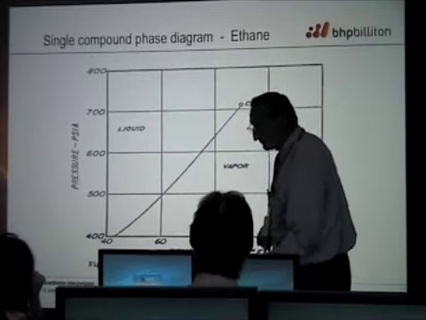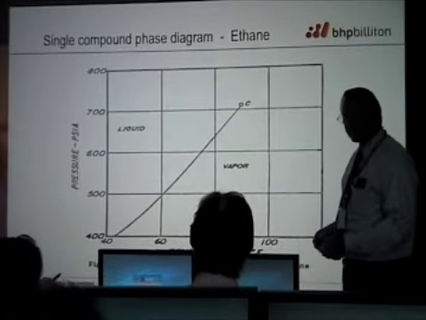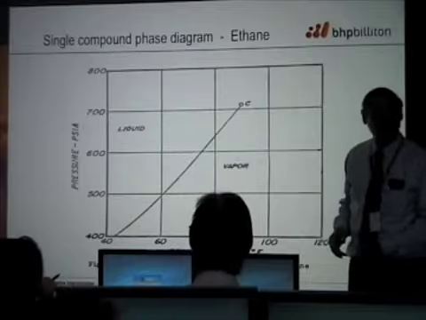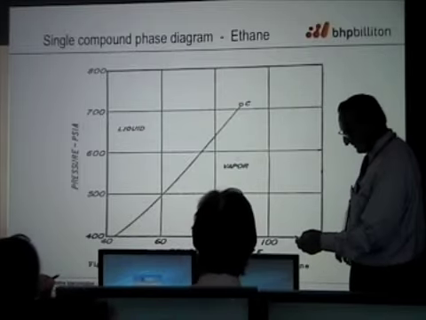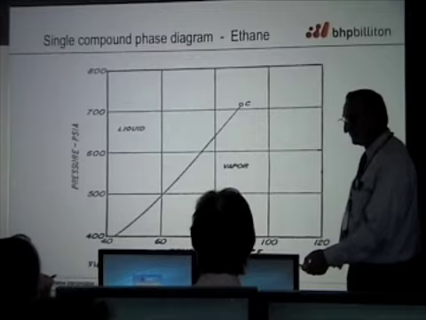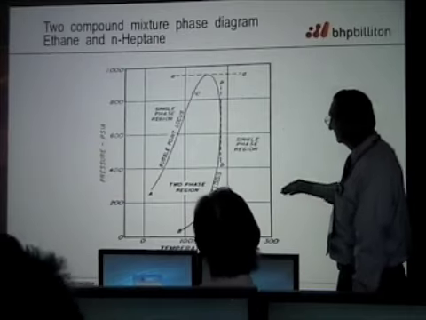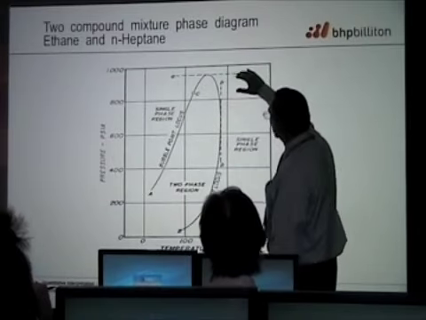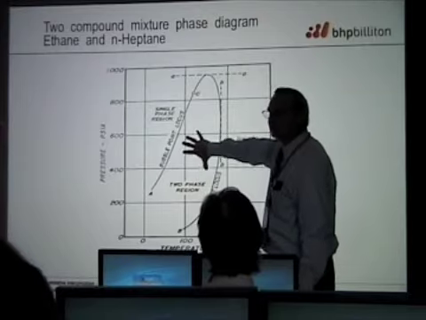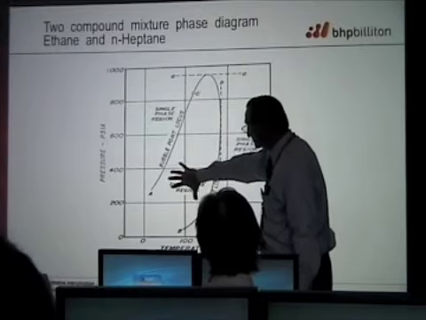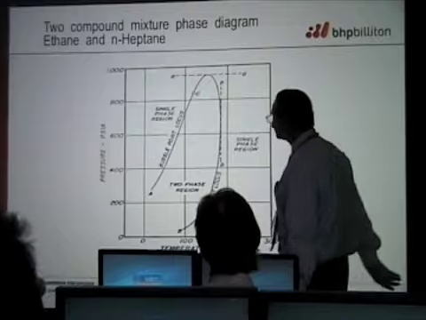Now, oil isn't a single compound. Oil is a complex compound. Each oil has a different bunch of mixtures of compounds in it. So let's go to the next level of complexity. And that single phase equilibrium curve becomes a region in which the two phases can coexist. The whole region.